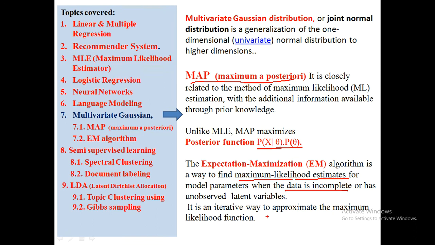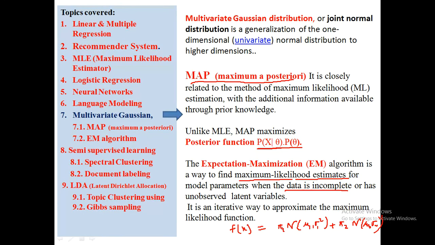And in the M step, we update the values of the parameters. For example, in this multivariate Gaussian, it can have two distributions, like pi 1 multiplied by the distribution with mu 1 and sigma 1 square, plus pi 2 multiplied by the distribution with mu 2 and sigma 2 square.